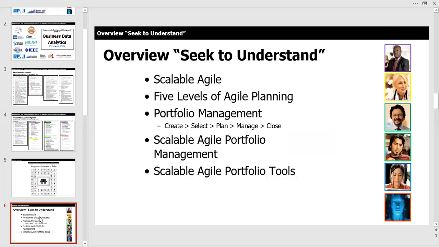So each of these sessions is about what we call seek to understand. Again, you'll notice at the right, there are photographs and they have colored outlines. Those outlines correspond to the project management agenda. At the top is my business analyst, product owner, in purple. Underneath is my project manager, scrum master role.